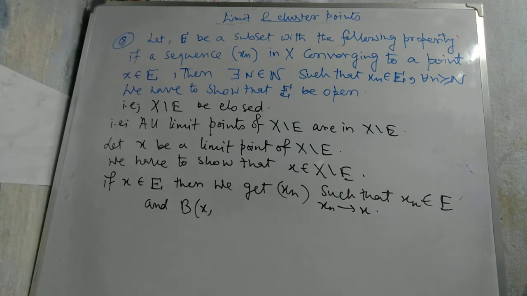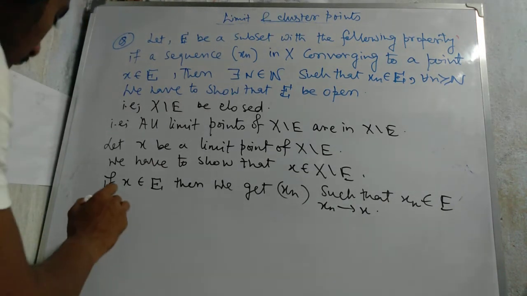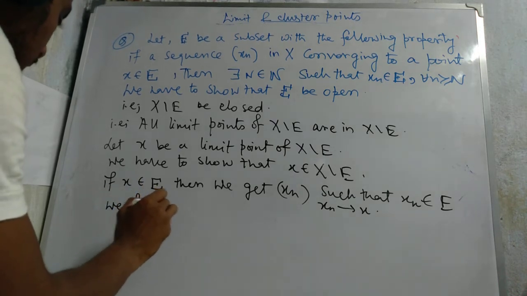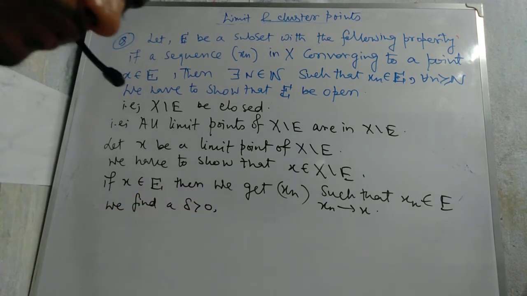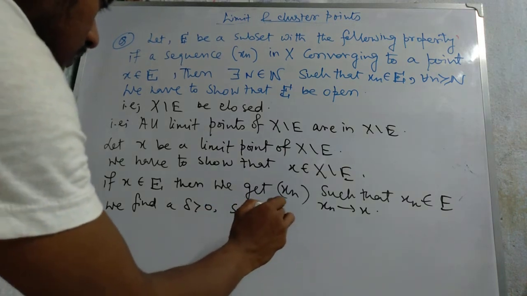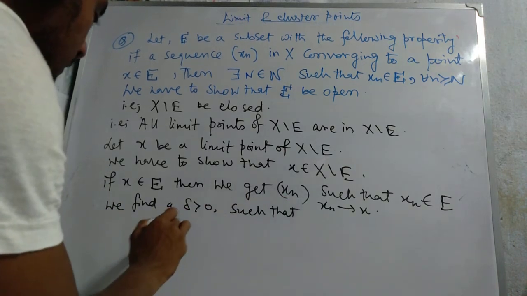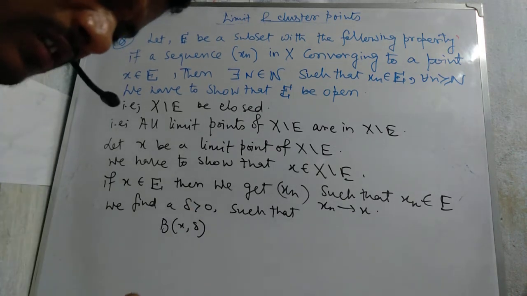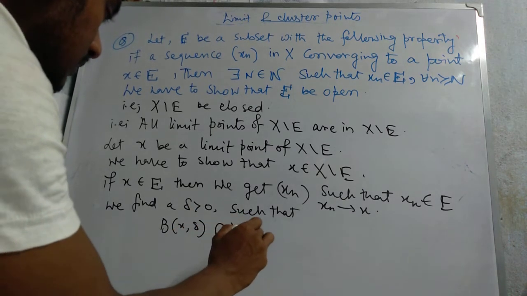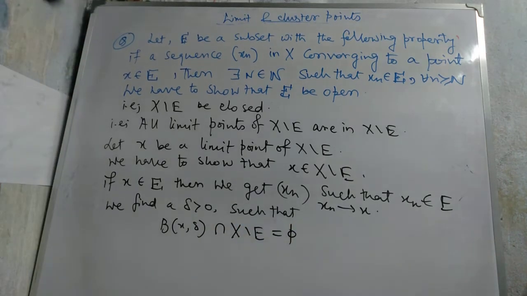Now since x is a limit point, xn converges to x in E. So xn belongs to E. So we find a delta greater than 0 such that V(x, delta) intersection X difference E equal to empty set.